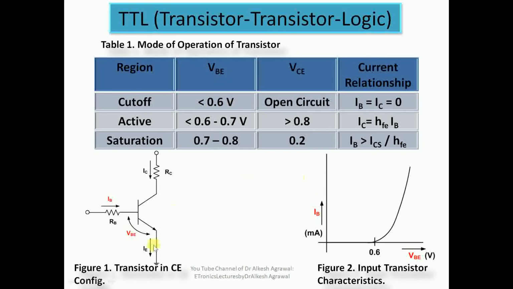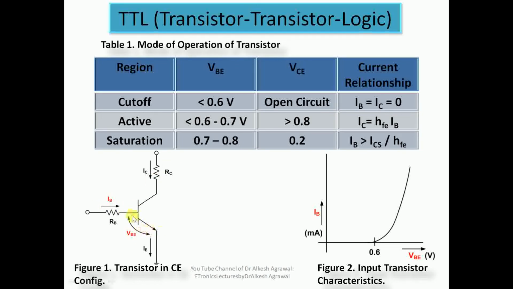As you can see in figure number 1, we have an NPN transistor. This is the base, we have the collector terminal and the emitter terminal. This is the input voltage VB. When we give input, the input voltage VB is applied, and corresponding to that, IB will flow.